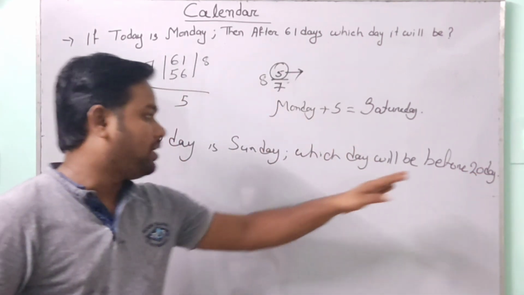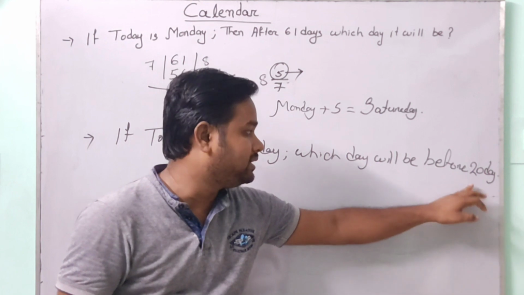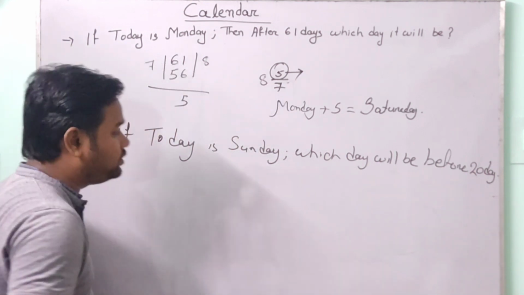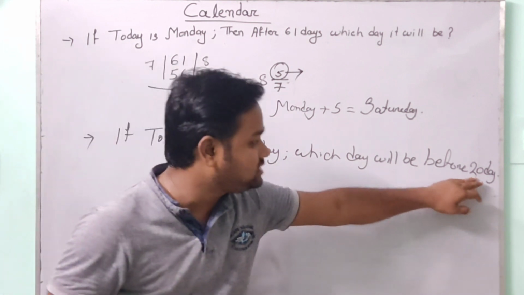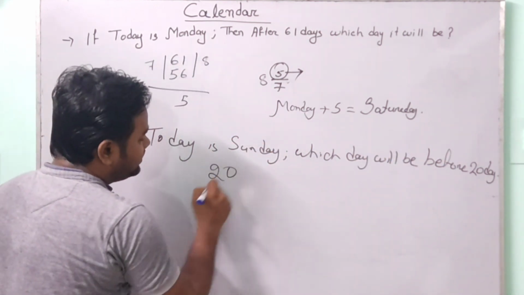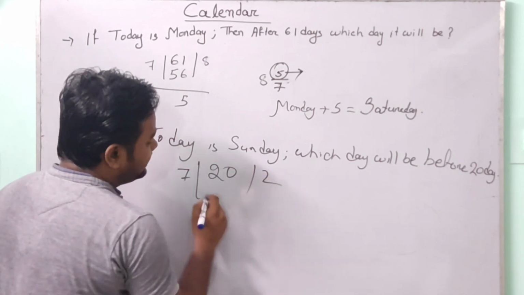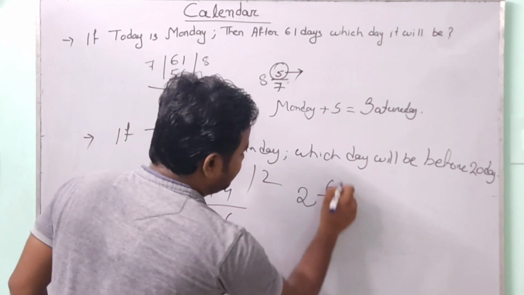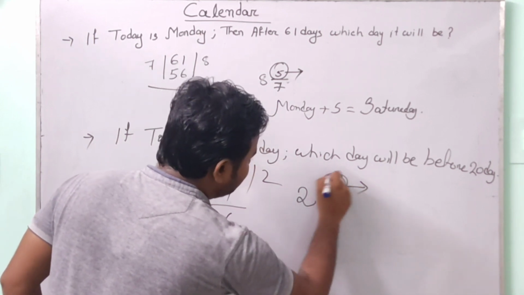Before 20 days, which day will it be? So here I have to do minus. What will I have to do? I have to divide this 20 by 7. If I divide 20 by 7, I get 2 whole 6 by 7. That means 6 is the remainder.